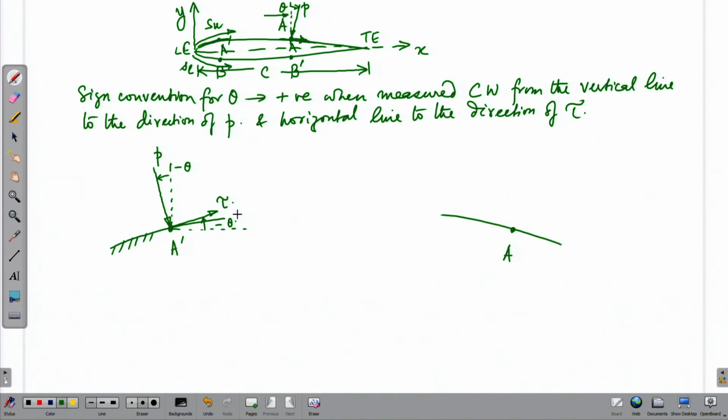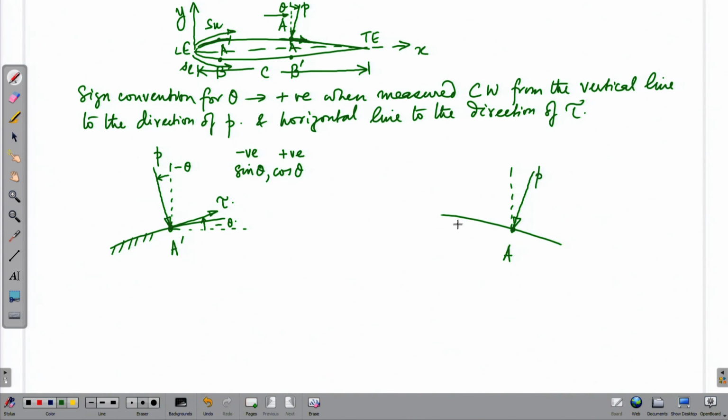Therefore, for this calculation, if you were to use sin theta, cos theta as part of the calculation, then you have to remember that sin theta will be negative and cos theta will be positive. These terms will come later, that is why we are worrying about the sign. For the point A, let us see how it works out.